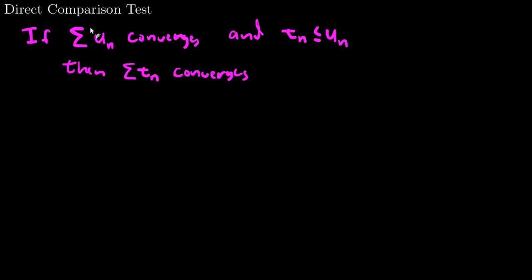And that should make sense. The fact that this converges means that its sum is finite. If these terms are always smaller than those terms, then this sum also needs to be finite.